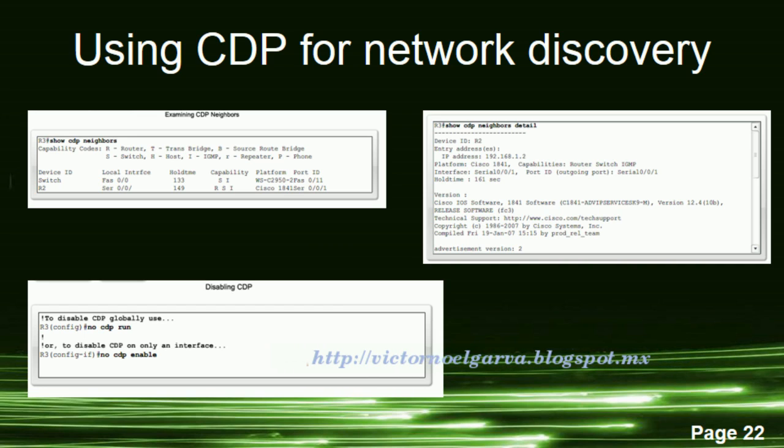CDP will reveal the neighbor's IP address regardless of whether or not you can ping the neighbor. This command is very helpful when two Cisco routers cannot route across their shared data link. The show cdp neighbors detail command will help determine if one of the CDP neighbors has an IP configuration error.